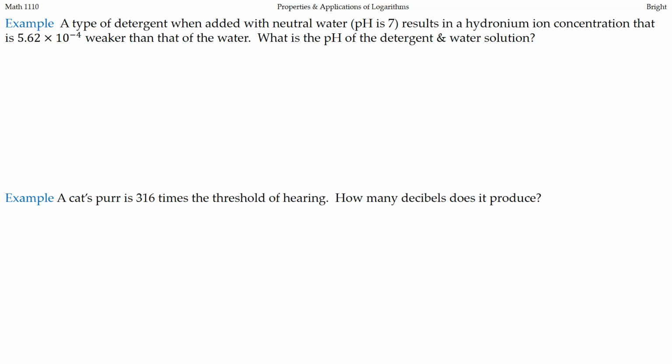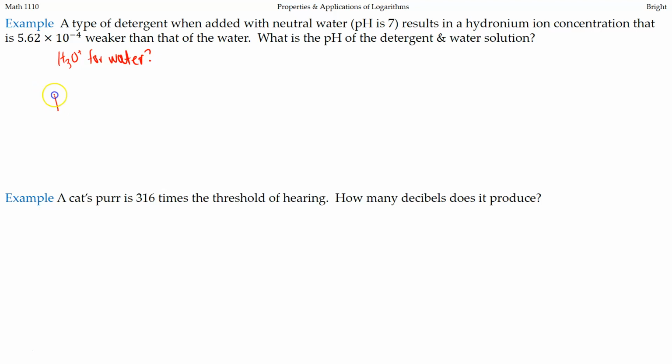What is the pH of the detergent and water solution? The first thing I'm interested in is that it says the hydronium ion concentration is weaker than that of water, so I really want to know what the hydronium ion concentration for water is.